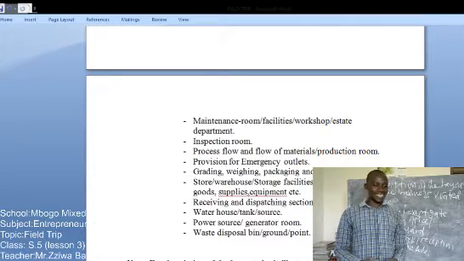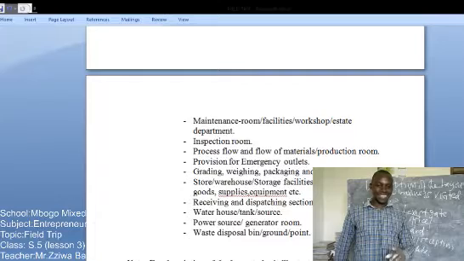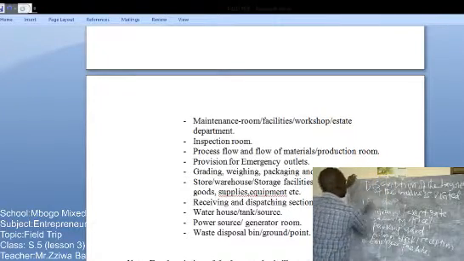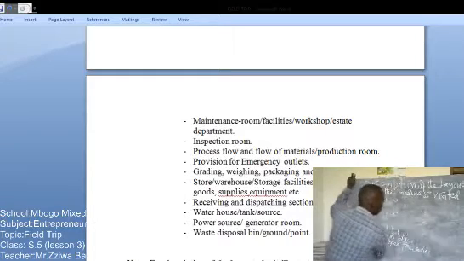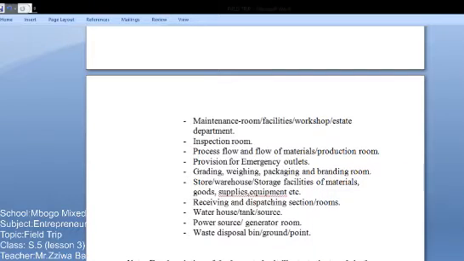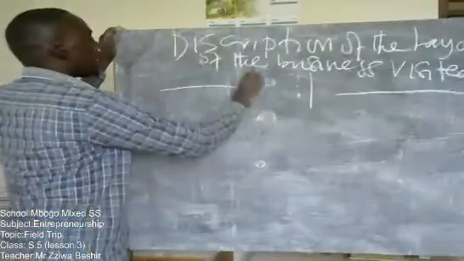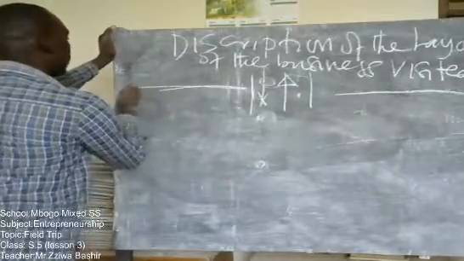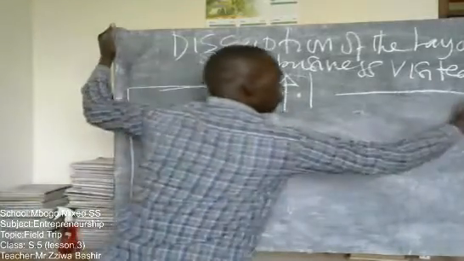Then, if they ask us to prepare the layout, what are we supposed to do? Let us conclude with the preparation of the layout. In reference to the business visited, prepare the layout. This is what we ought to do. This is our entrance and exit gate. This is the frame I talked about.